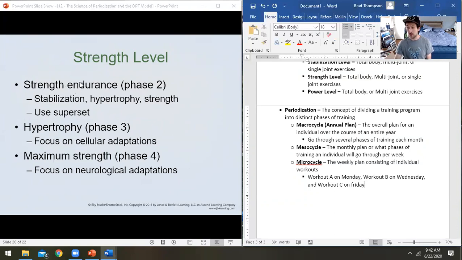It's very good for developing endurance, but there are some really good hypertrophy and strength gains here as well. Hypertrophy is literally all about cellular adaptation and just muscle growth, and maximal strength is all about neurologic adaptation. It will sometimes result in muscle growth, but for the most part, it's really just about getting strong, which isn't always directly related to size.